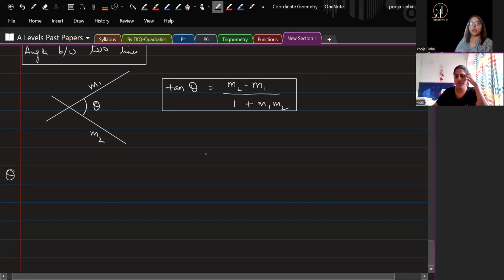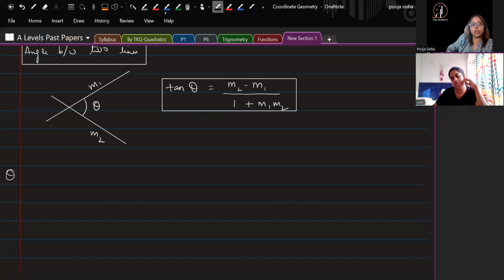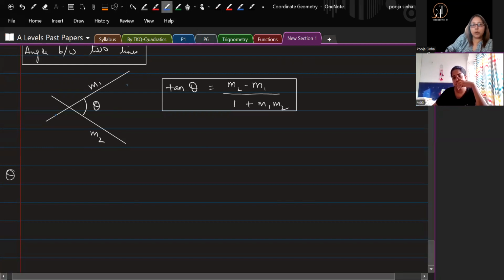So this can be proven using any 2 points on this line and any 2 points on this line, and then finding the angle between them using trigonometry. All you need to do is make a line like this and then prove it. ठीक है? But हमको क्योंकि ये बहुत कम जगह यूज हो रहा है, we can keep it in mind कि right now the formula is going to be this. But you can very easily prove it using trigo.